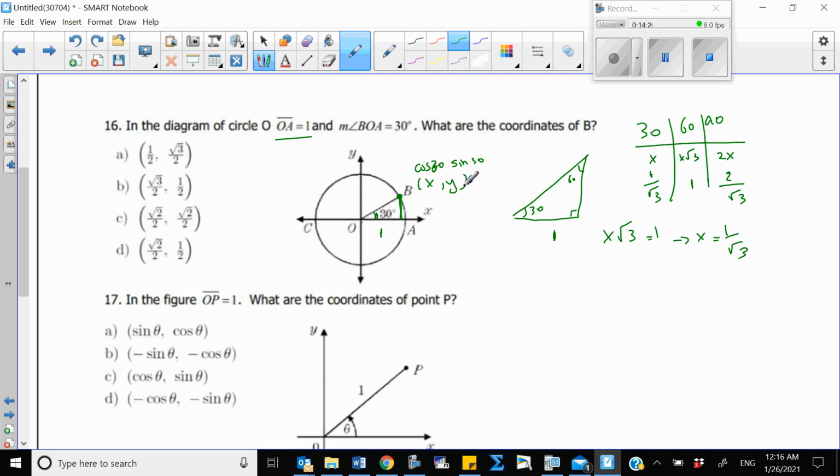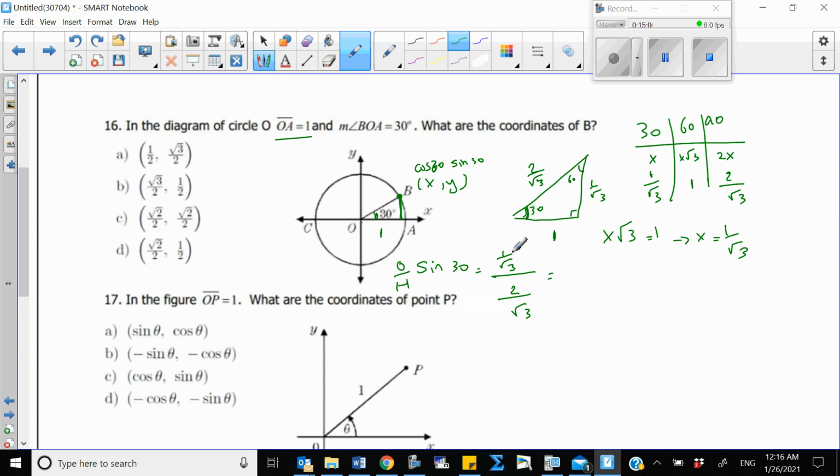Now, what is sine of this angle? Sine is opposite over hypotenuse. Opposite of 30 is 1 over radical 3 and hypotenuse is 2 over radical 3. So sine of 30 is opposite over hypotenuse, 1 over root 3 over 2 over root 3.